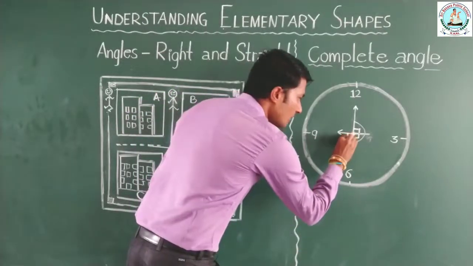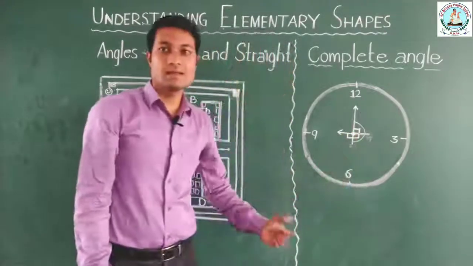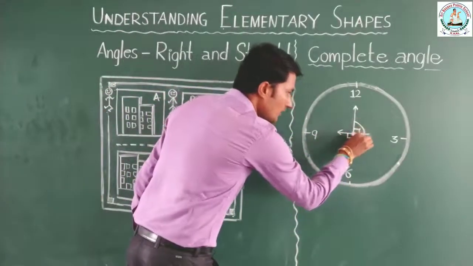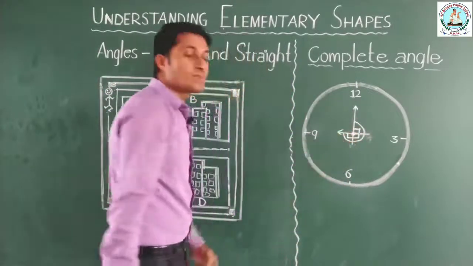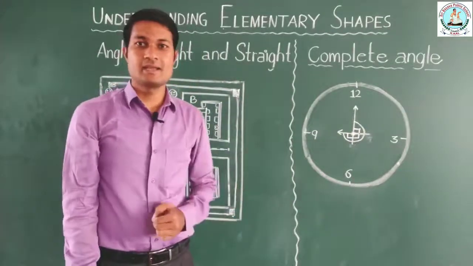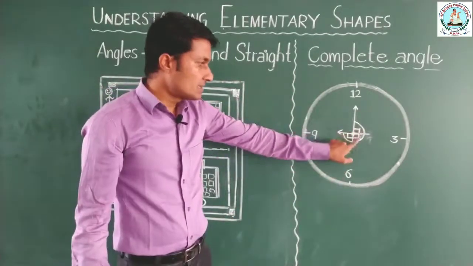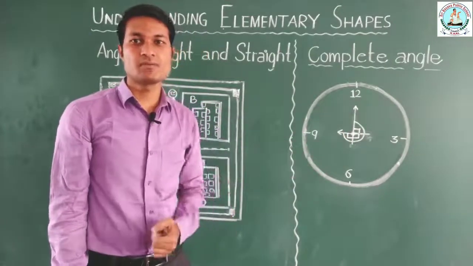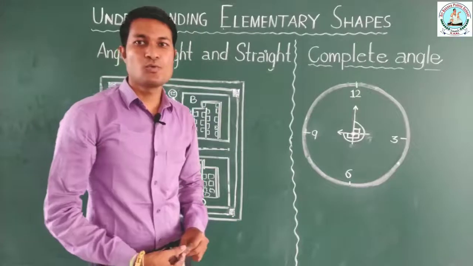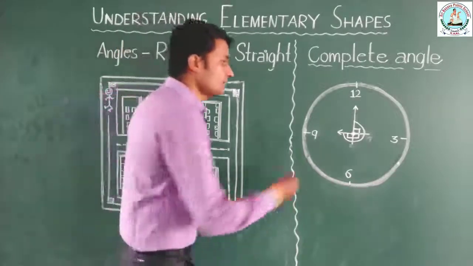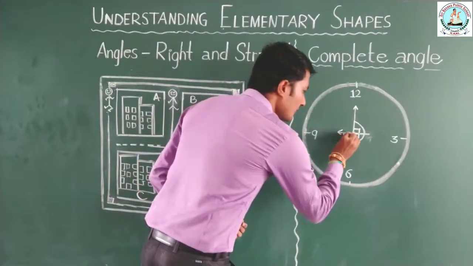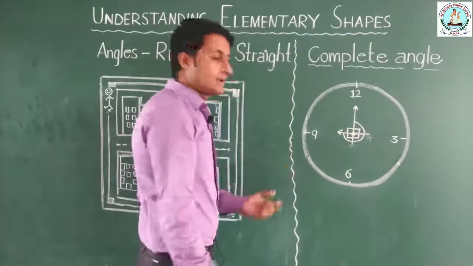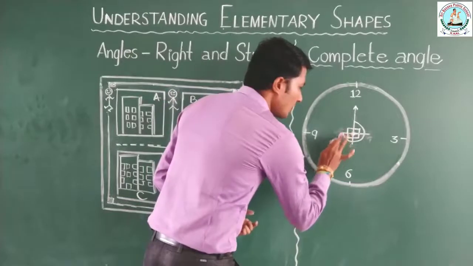Now you have covered another 90 degrees, another right angle, and from this point to this point, how much? 270 degrees. So this was 1/4, this was half, and this is 3/4. So 3/4 of the revolution represents 270 degrees.